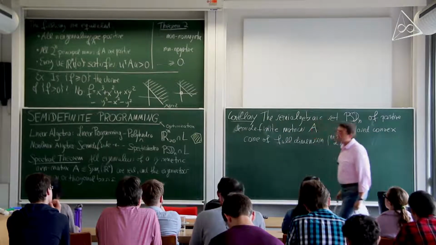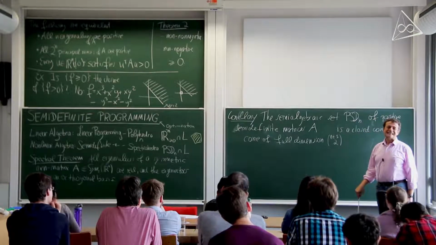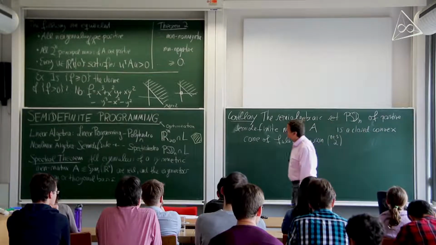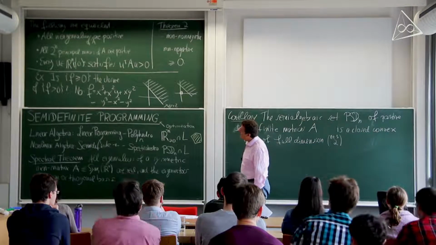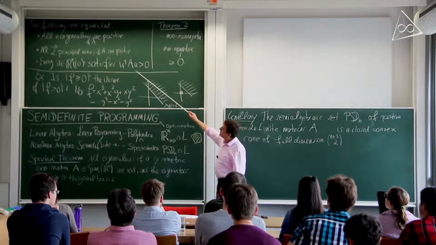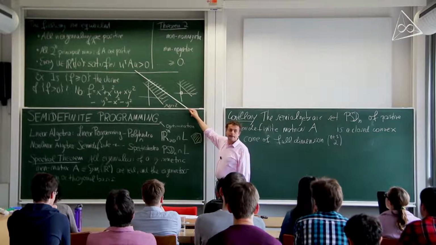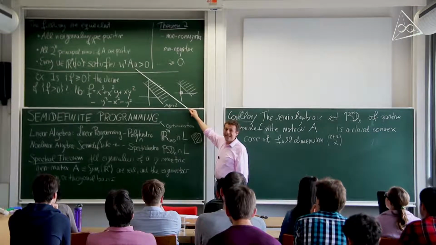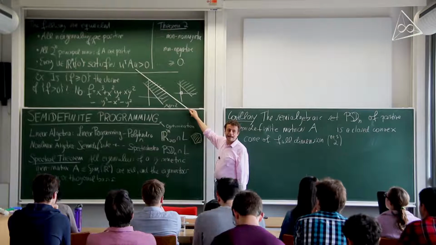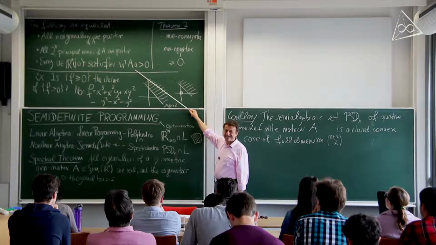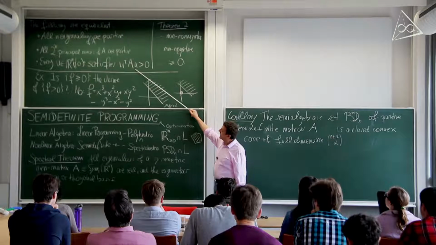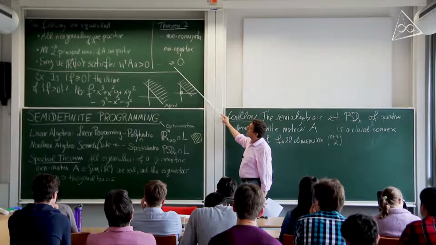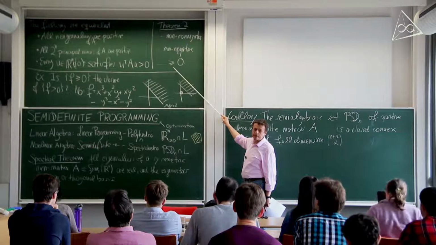Now, why is it convex? Well, it's convex because it's defined as an infinite intersection of half spaces. To see this, think about this inequality from the point of view of A. For a fixed vector U, this expression is a linear inequality in A. So here we're saying that a linear form in A is strictly positive, and here that a linear form in A is non-negative.